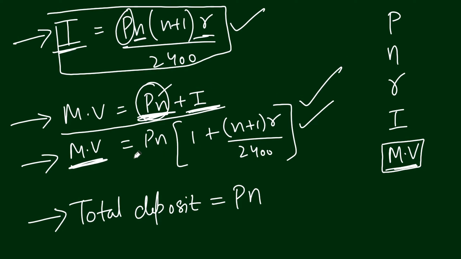If I use this one, in this formula I have MV, P, N and R. To find P, you should know all other variables. Do we know all other variables? Yes, we know MV, we know N, we know R. So that definitely means we should use this one.